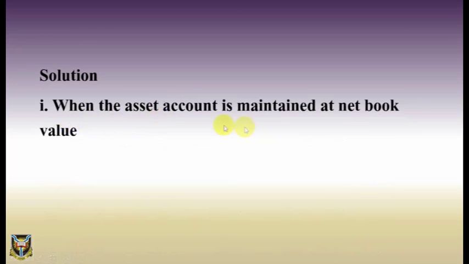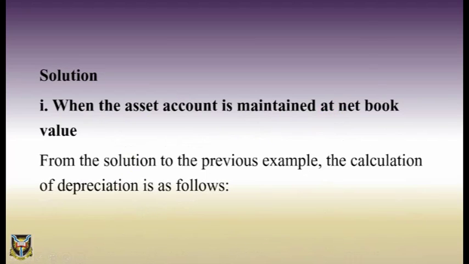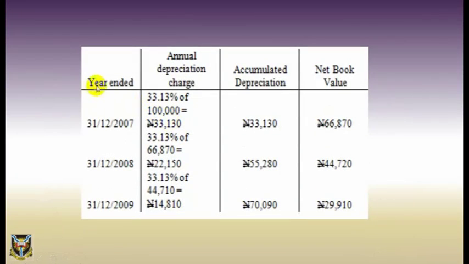Solution: 1. When the asset account is maintained at net book value, from the solution to the previous example, the calculation of depreciation is as follows. Year ended, annual depreciation charge, accumulated depreciation, net book value.